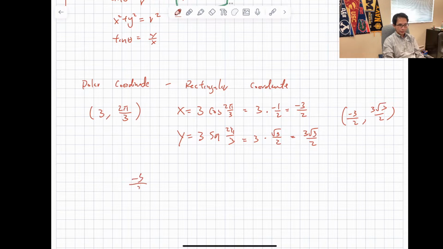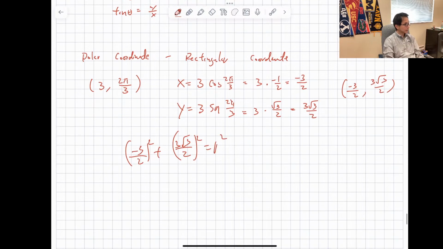So negative 3 over 2 squared plus 3 root 3 over 2 squared is equal to r squared. This one's going to give you 9 over 4, I think, plus 9 times 3 is 27 over 4, equal to r squared.